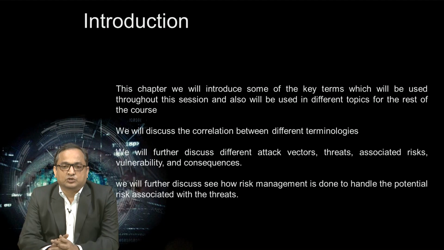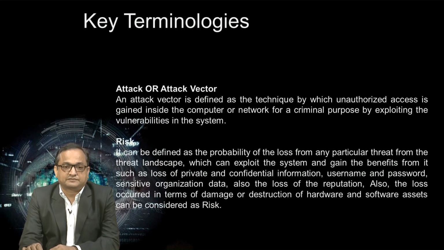We will discuss correlation between different terminologies. We will further discuss different attack vectors, threats, associated risk, vulnerability and consequences. And finally, we will further discuss how risk management is done to handle the potential risk associated with the threats.